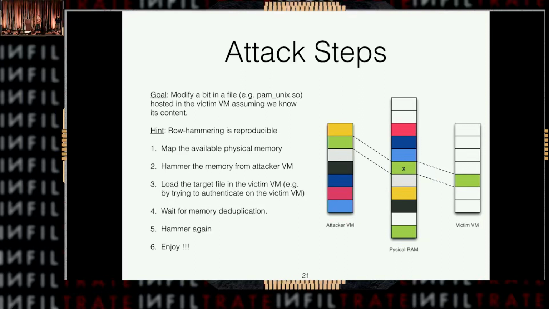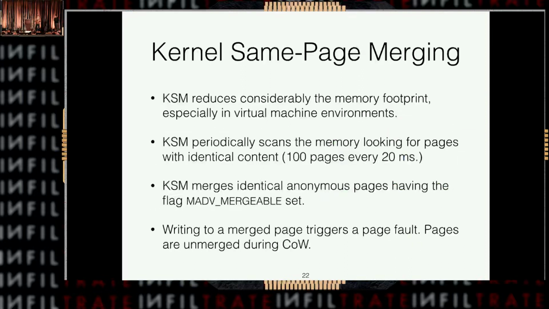So how can we do that? I will focus on Kernel Same-page Merging. It's memory deduplication on Linux. As on other operating systems, KSM aims at reducing memory footprint. To do that, it will scan the memory looking for pages with identical content. It will do it periodically.